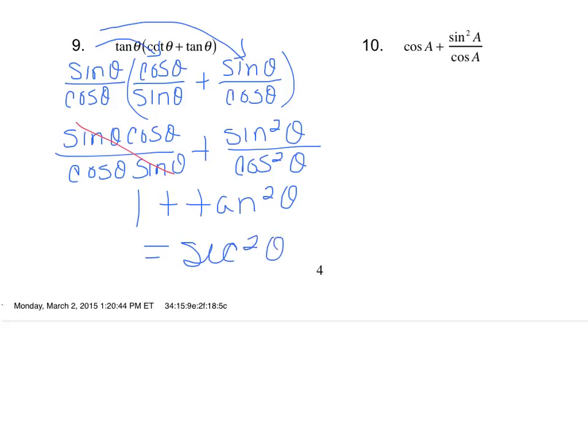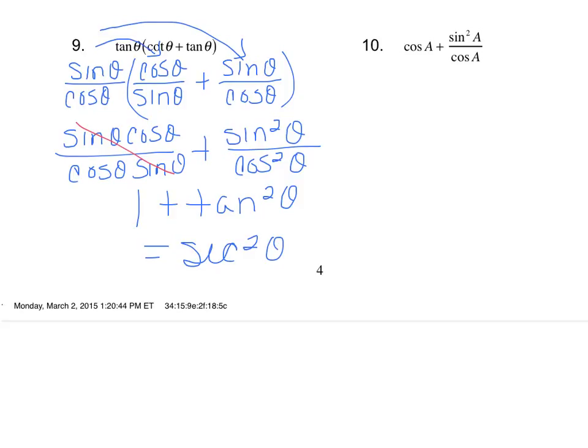I got everything down in terms of sine and cosine. I used the distributive property, and I was able to then cancel everybody out here and get a 1. And then sine squared of theta over cosine squared is another name for tangent squared of theta. And with the 1 plus, I knew I had an identity, so it's secant squared of theta.